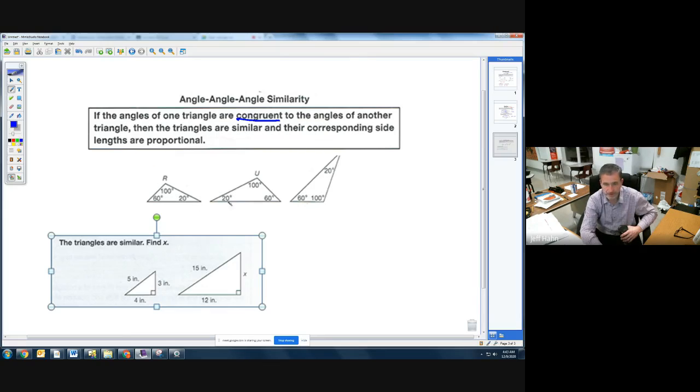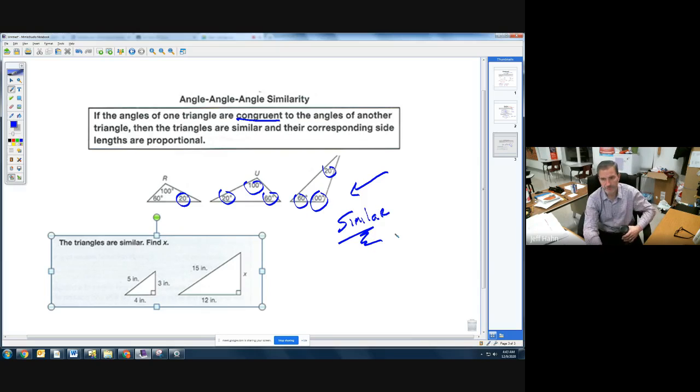So if you look at these 3 triangles, they all have 20, 160, and 100 degree angles. If that is the case, all 3 of those are similar. If they have the same angles, they have to be similar. There's no other option there.